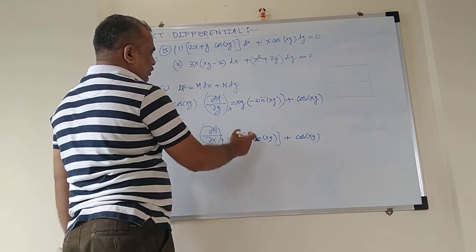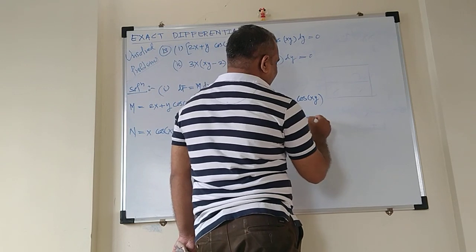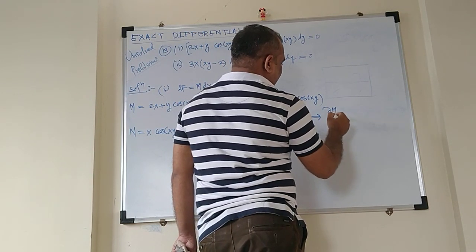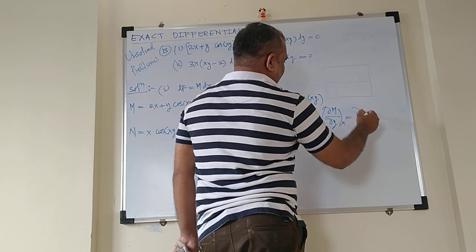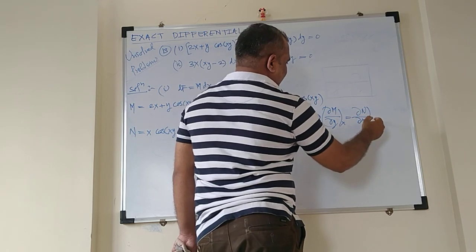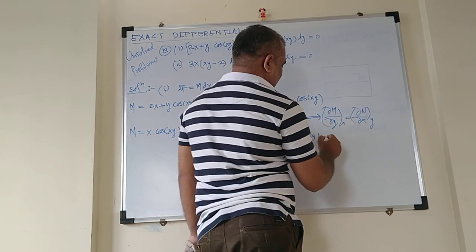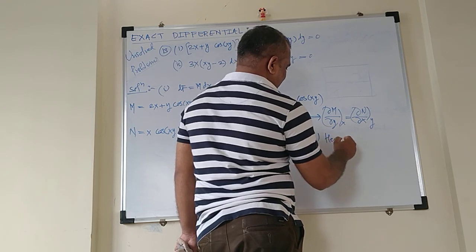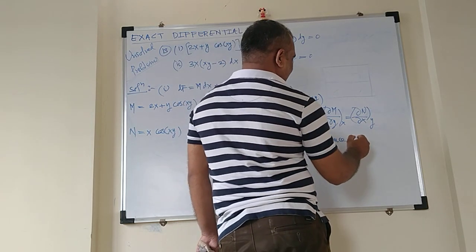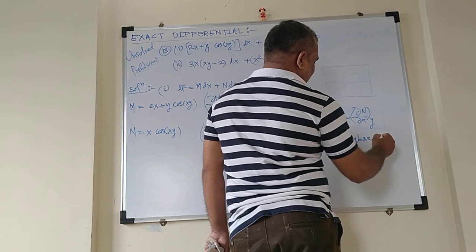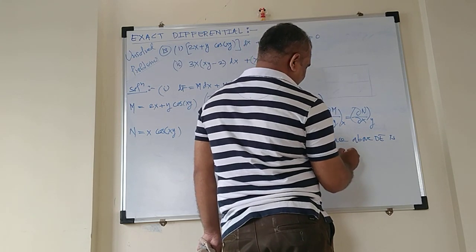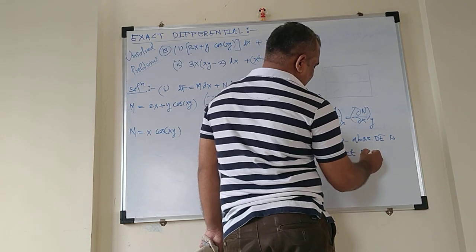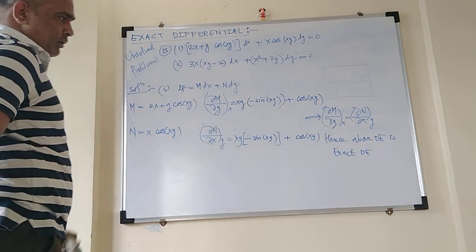And if you observe both, it is clearly seen that ∂M/∂y at constant x and ∂N/∂x at constant y are the same, and hence I can say the above equation is an exact differential equation, and it is proved.